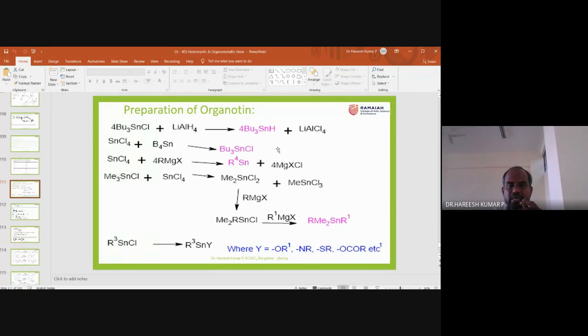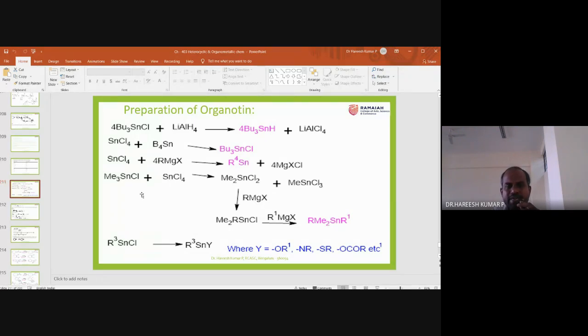Similarly, if you want to know how tetrabutyl tin is obtained, tetrabutyl or tetraalkyl tin can be obtained starting with stannic chloride and RMgX. RMgX means alkyl magnesium halide. That is how a tetraalkyl stannic compound is obtained.